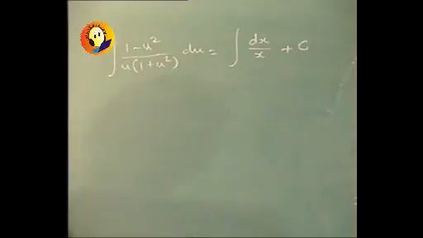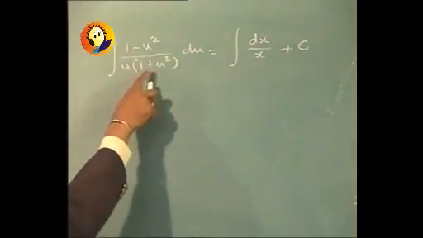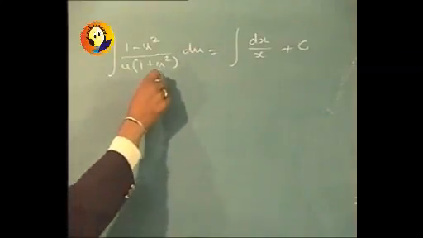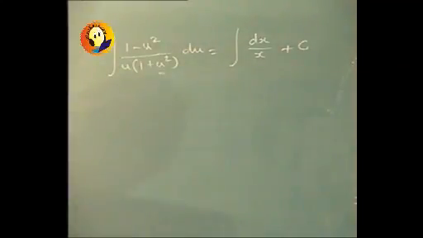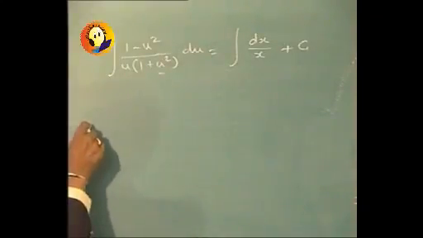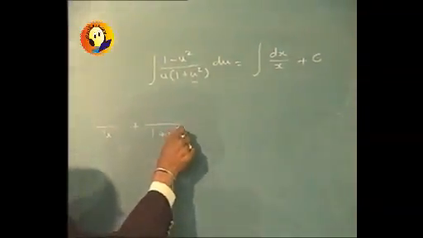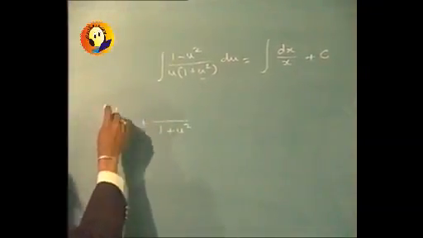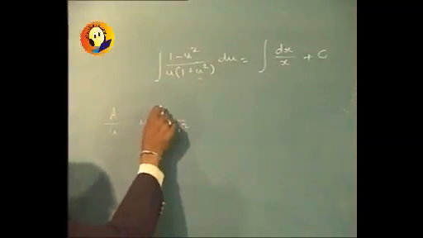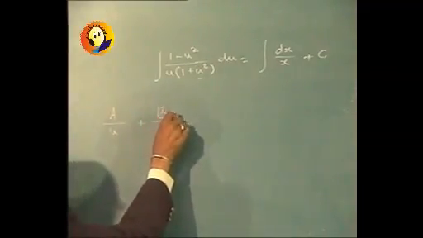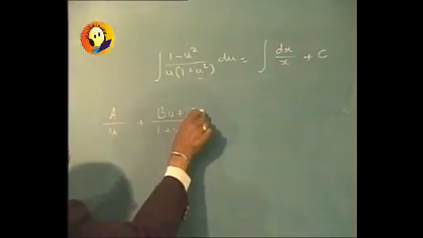We will have to separate out the integrals over here by taking the partial fractions, but the second degree term will create problems. So we will first of all rewrite the left hand side as a upon u plus something upon 1 plus u square, but we will assume the numerator of u as a and numerator of 1 plus u square as bu plus d.